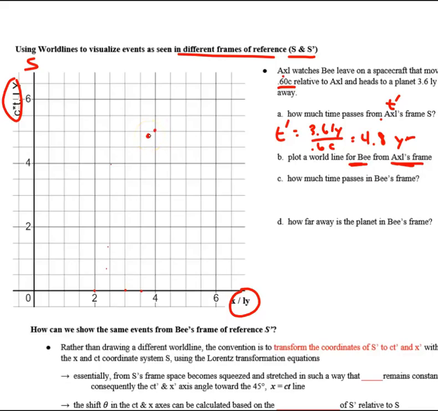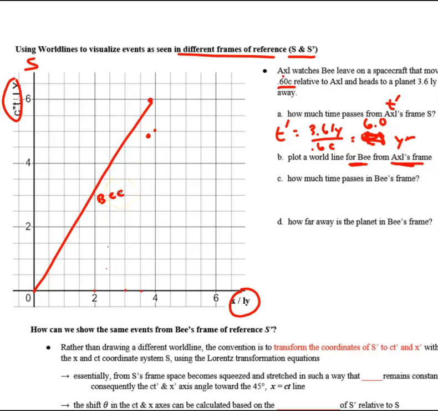Wait a second, did I do that right? Sorry, this was not 4.8 years. This was 6 years. I did my math wrong. So we're going to go up to right around here. And if we connect the two, here is the world line for B relative to Axel.